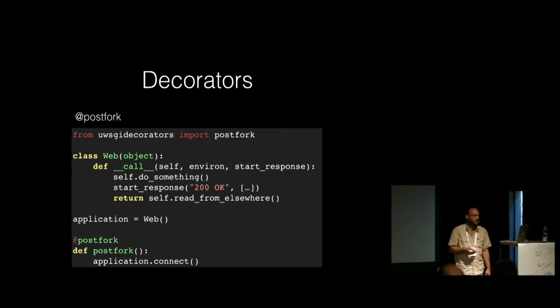When your application server allows you to bind some function call to post-fork, that's the time it happens after the child is forked. You can reconnect or connect your databases, open sockets, open file descriptors at the right time.